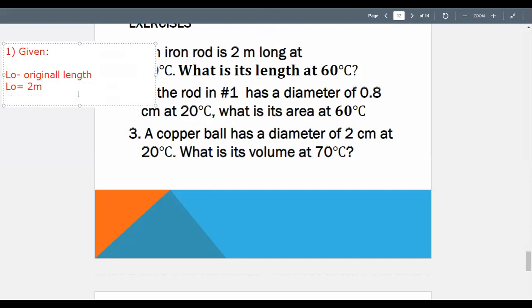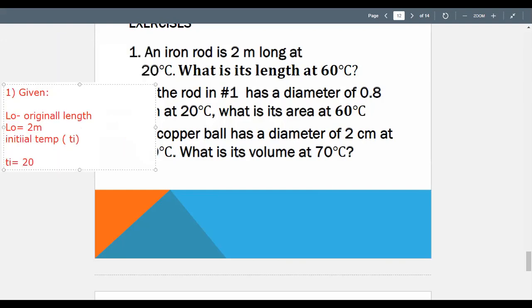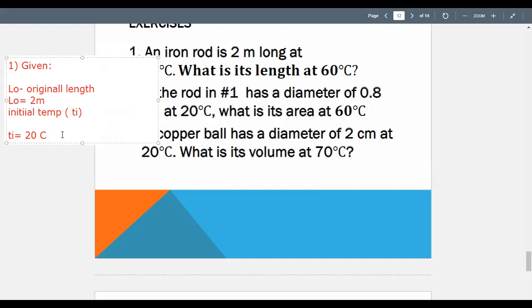Next there's an initial temperature, which we can call T sub I. Our T sub I is given to be 20 degrees Celsius, and then its final temperature is also given.